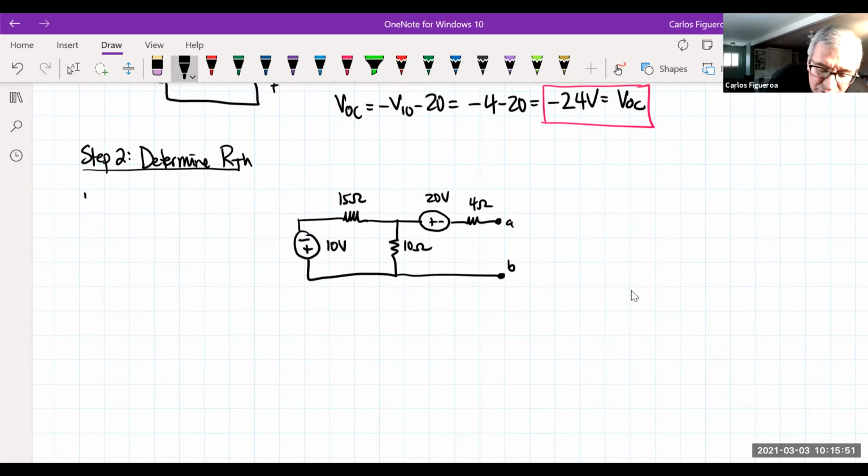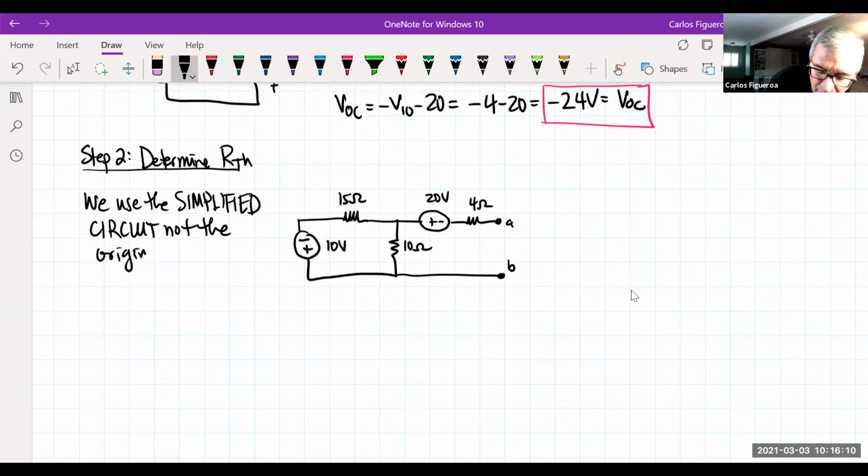So we use the simplified one, not the original one, because it's the same circuit.